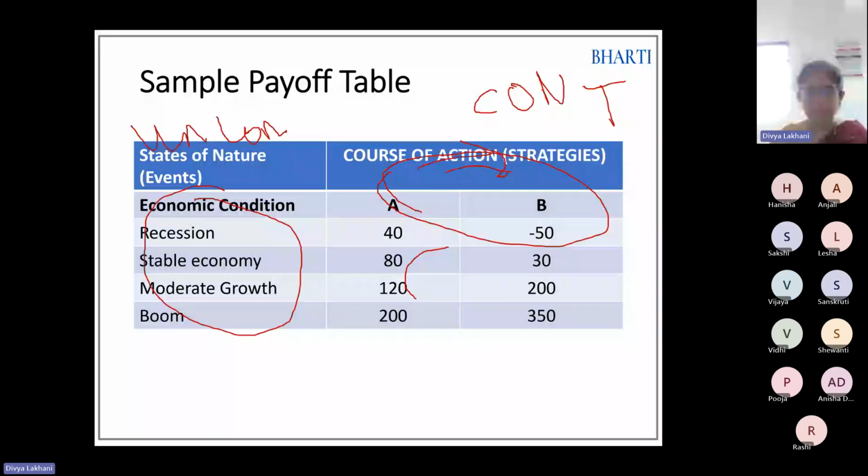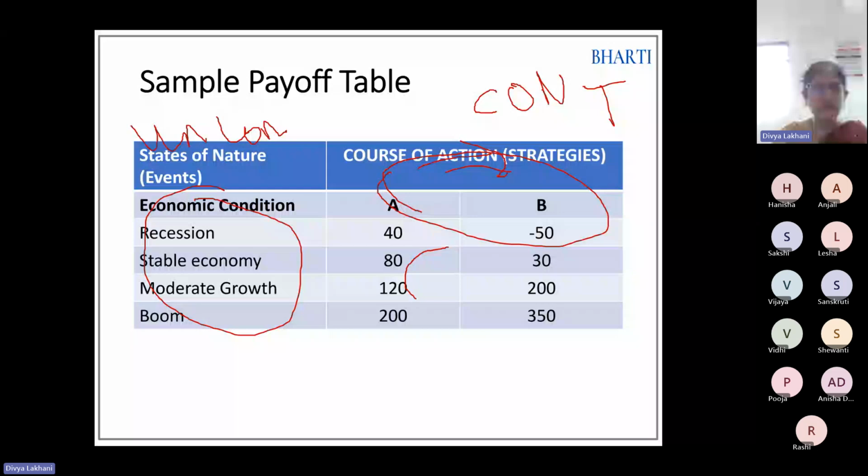So if your course of action is to have tea or ice cream, if it is very hot, then I will choose ice cream. But if it is very cold, at that time, I will choose a cup of tea, right?